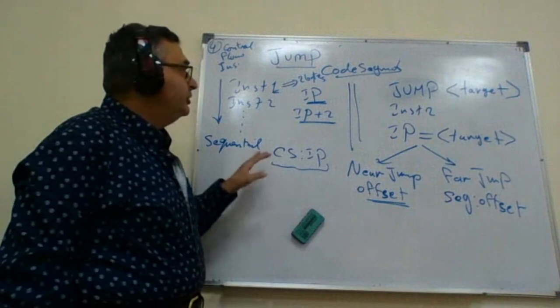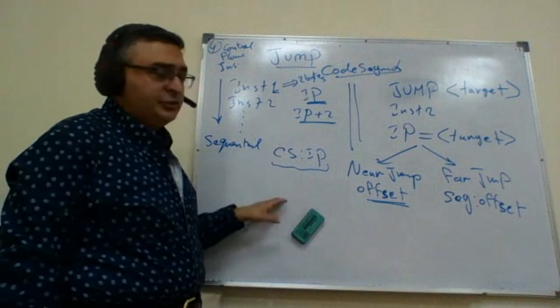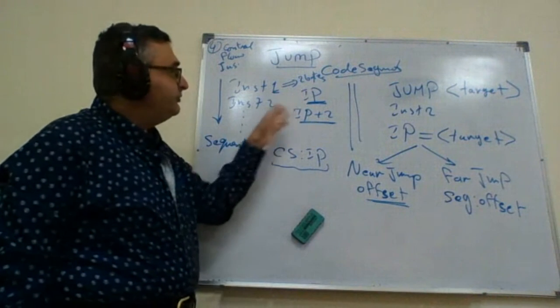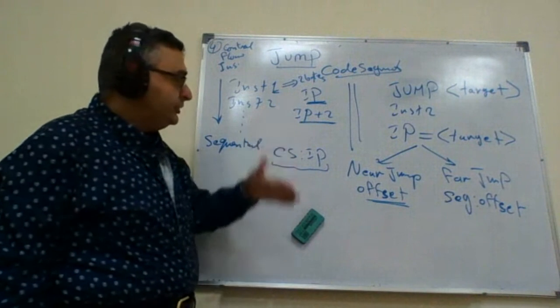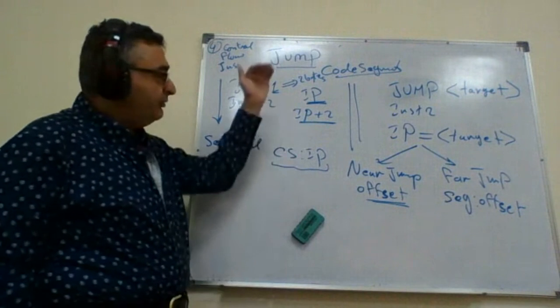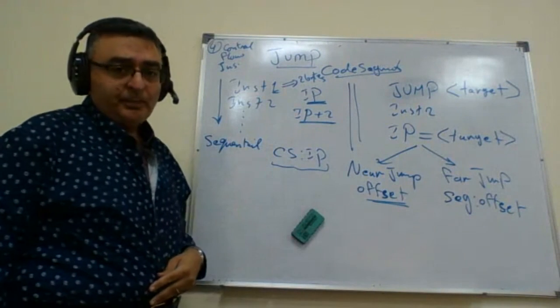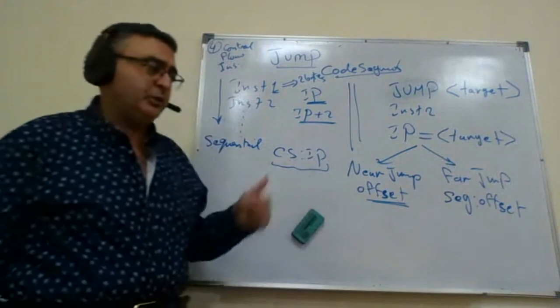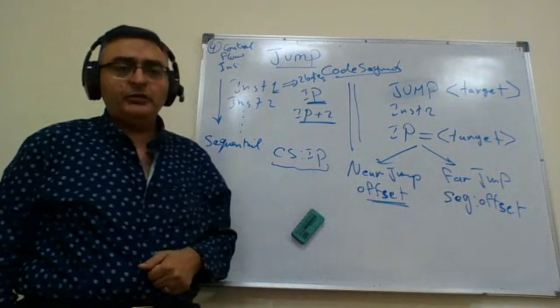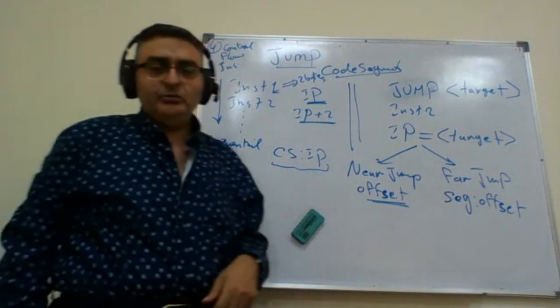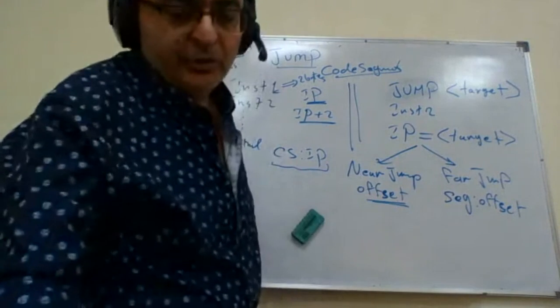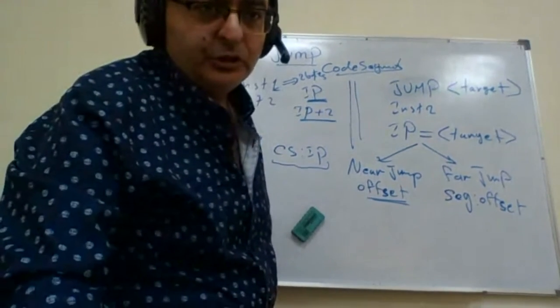In this lecture, we just covered the jump instruction and how it modifies the IP to change the location or the flow of execution of my code segment. This is part 1 of lecture number 17. We will stop here and we will resume in part 2, inshallah, shortly.